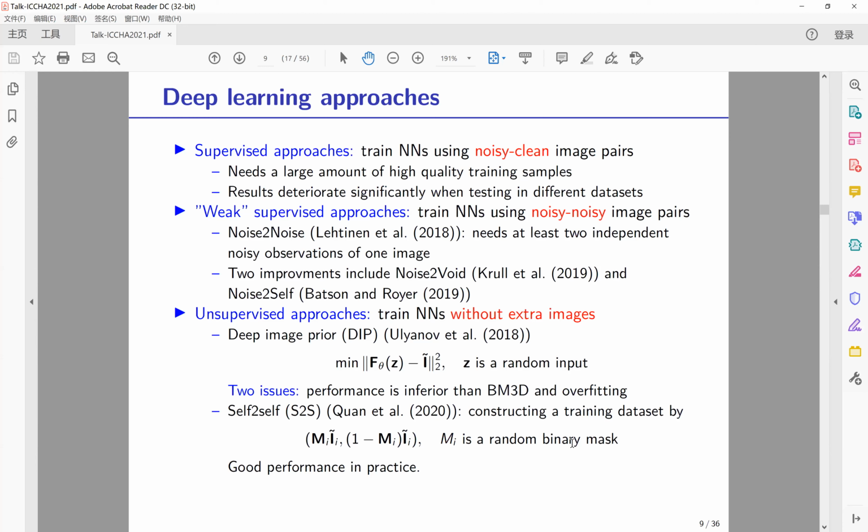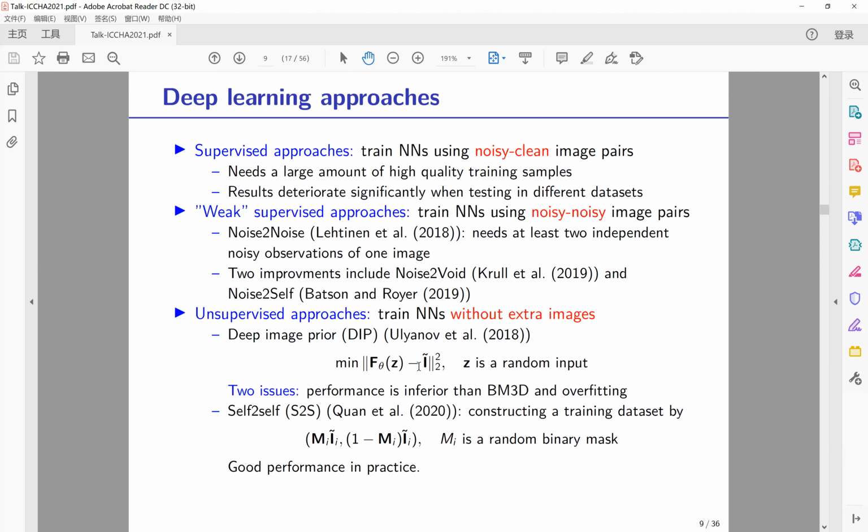However, the deep neural network has a good approximation ability. And when we train the network for a long time, it has an overfitting issue, which means that the loss becomes equal to 0. So it tends to overfit, and we have to do some early stopping. And the other approach is the so-called self-to-self approach, which means that in the single image process, I don't have the training pairs.